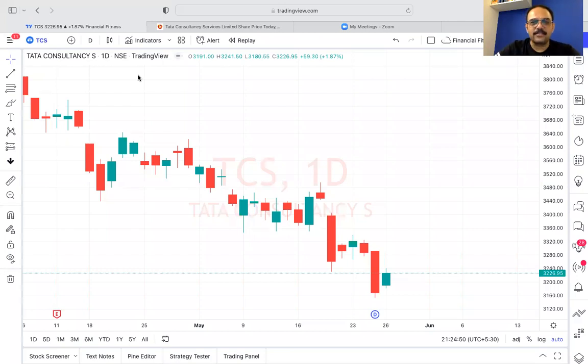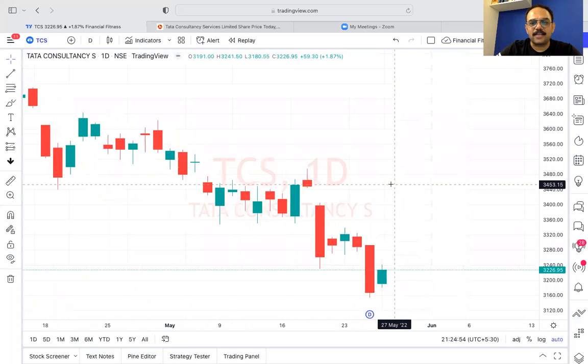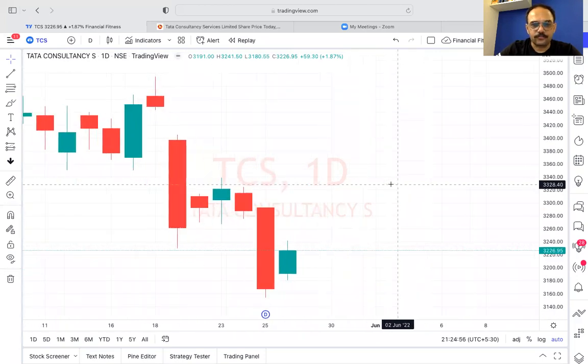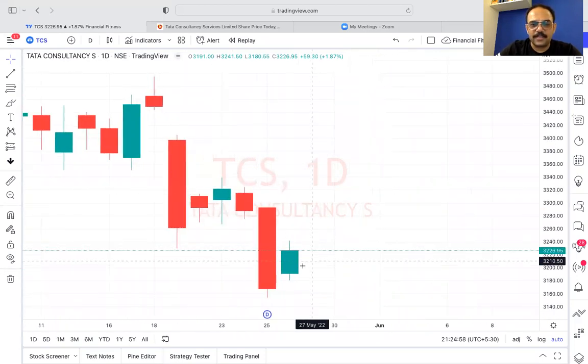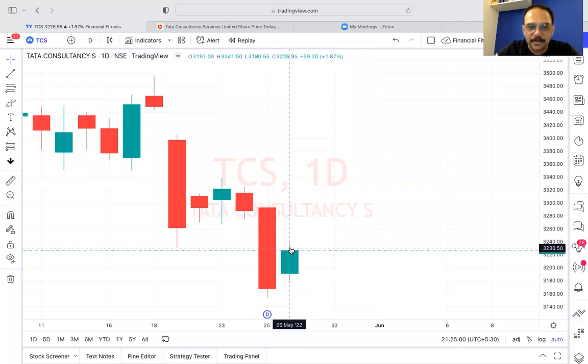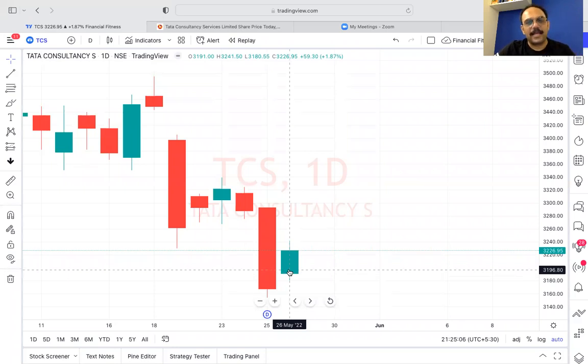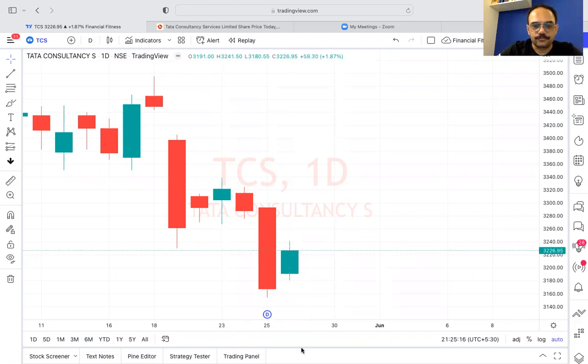See, this is the candlestick pattern. Every day, because of open, high, low, close, these candles are drawn here. So if this candle is green, that means today the price opened at 3191. At 9:15, TCS was trading at 3191. It closed up at 3226.